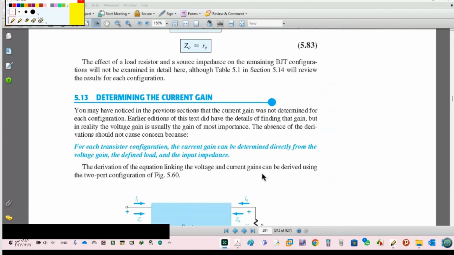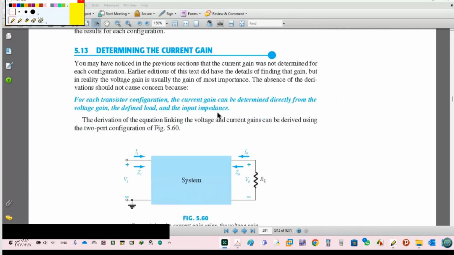Now, 5.13, determining the current gain, that is AI. Usually we focus on AV.